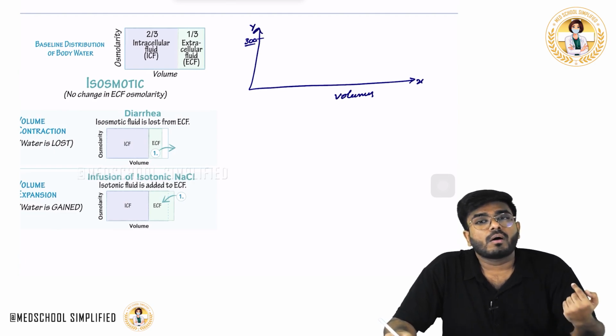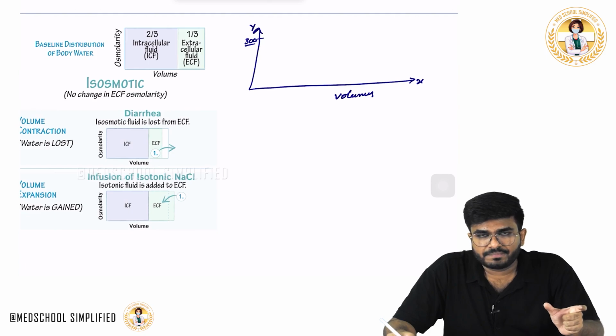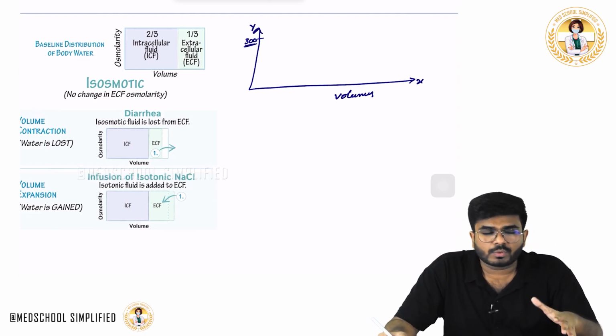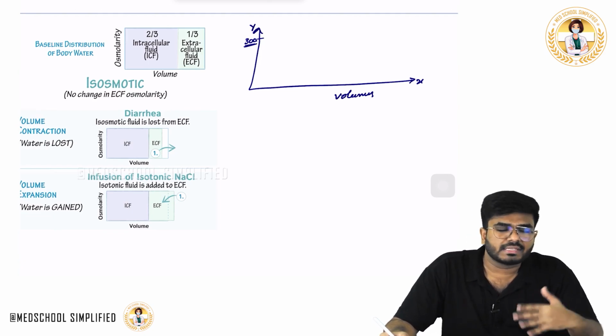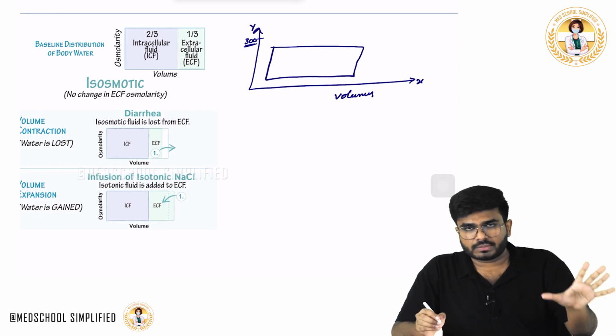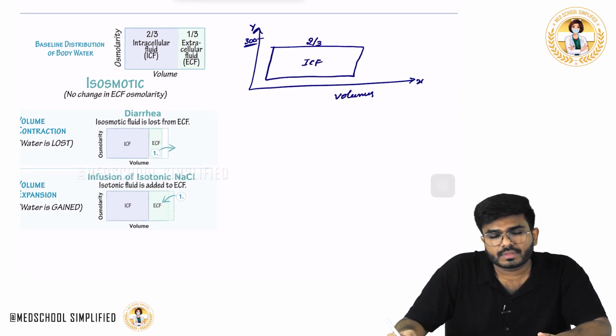Now our body osmolarity is going to be somewhere around 300. My body fluids have an osmolarity of somewhere around 300. ECF, ICF, same thing. You already know that in the total body water, 2/3 of the total body water is going to be ICF. So here I am showing the ICF.